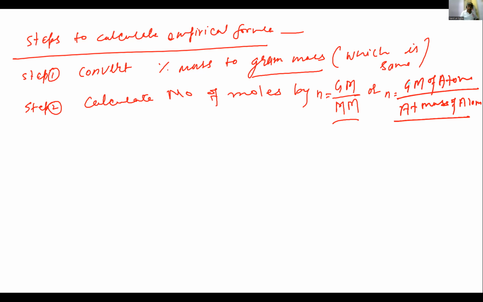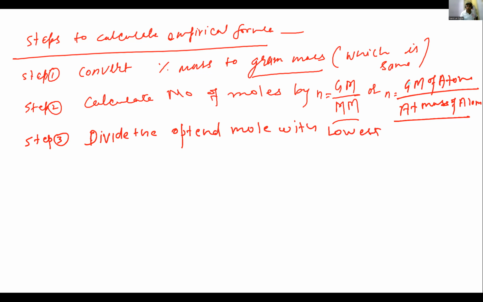Now the next point, step number 3. They are saying divide the obtained moles with the lowest mole.